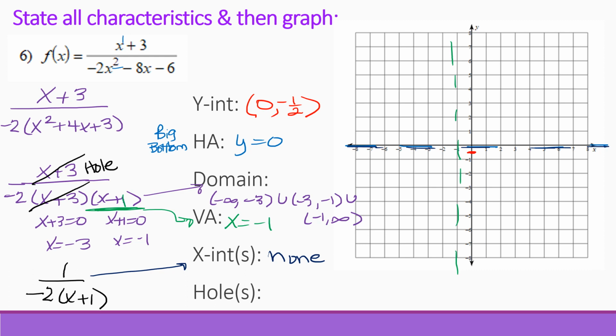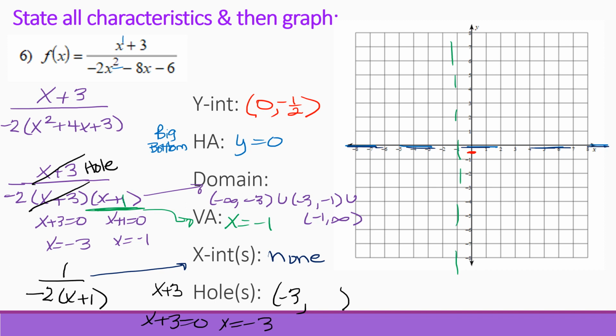And last but not least, to determine the hole. So in the hole, the factor that we have that reduced was x plus 3. When I set it equal to 0, I get negative 3 as the x coordinate for the hole. I now need to substitute that into each of the x's left over in the function.